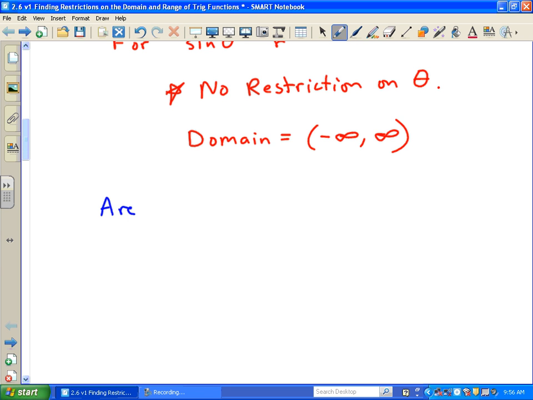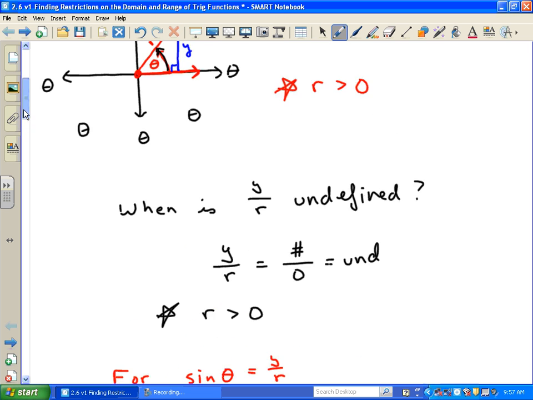So, are there restrictions on the value of sine? To do that, I'm going to scroll back up to my picture, and I'm going to talk about the picture that I have drawn up above.